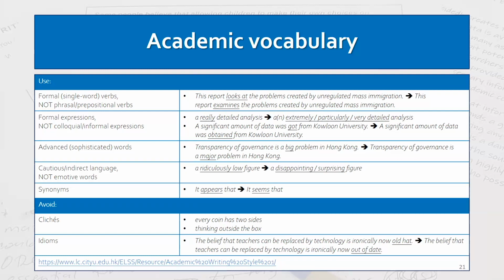When it comes to academic vocabulary, bear in mind that while it is good to vary the use of words, the word choice shouldn't be too informal or too casual, like get, thing, right? Try to use some formal vocabulary, formal verbs like examines instead of look at. Use formal verbs and formal expressions.